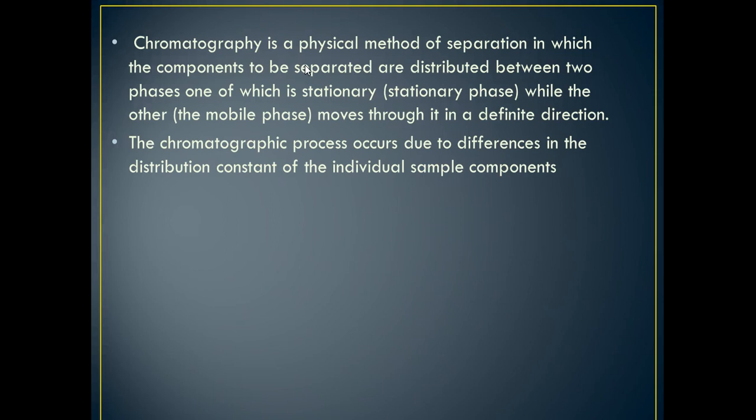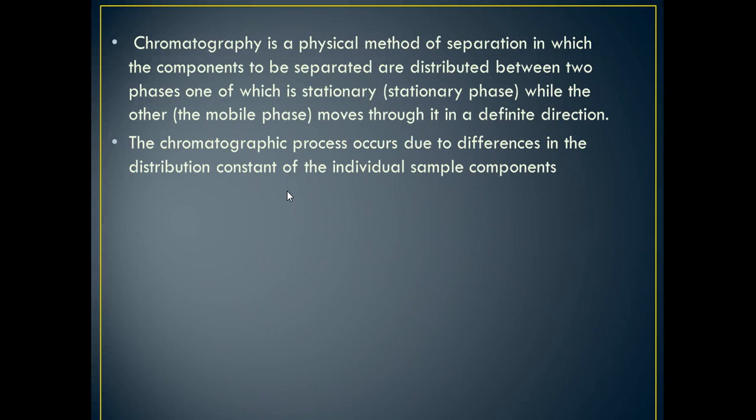So during chromatography, you observe that due to the difference in the distribution constant of the sample components between the stationary phase and the mobile phase, some particles will remain adsorbed on the surface of, or remain embedded within, the stationary phase, while others will continue and come out of the column with the mobile phase.